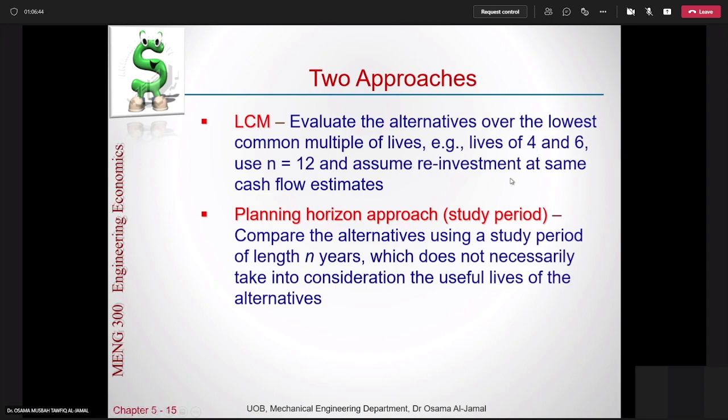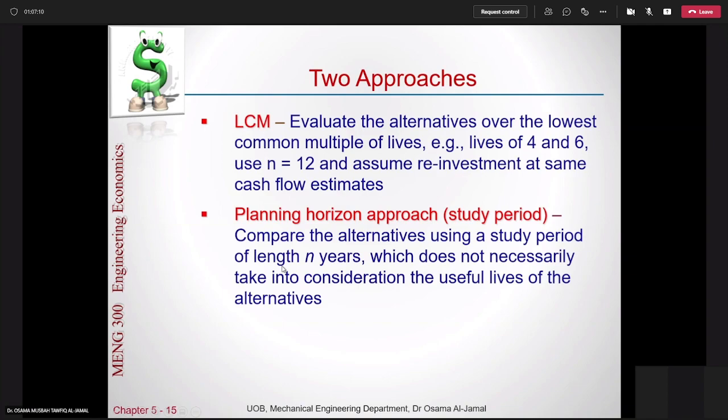If it says 7 years, it means we need to add 3 years for the first, i.e. one cycle and a partial second cycle, and for the other, just 1 year of the second cycle, to make a study period of 7 years. We'll come to this, inshallah, once we are done with the LCM.